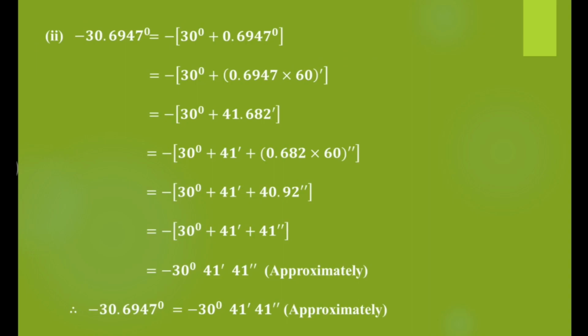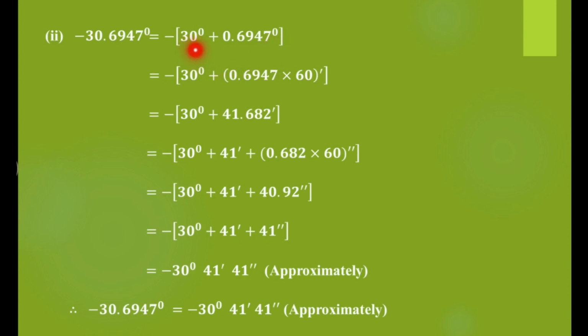Now see the second sub question, minus 30.6947 degree. So we write this minus sign separately. So we write in bracket this 30.6947 degree as 30 degree plus 0.6947 degree.